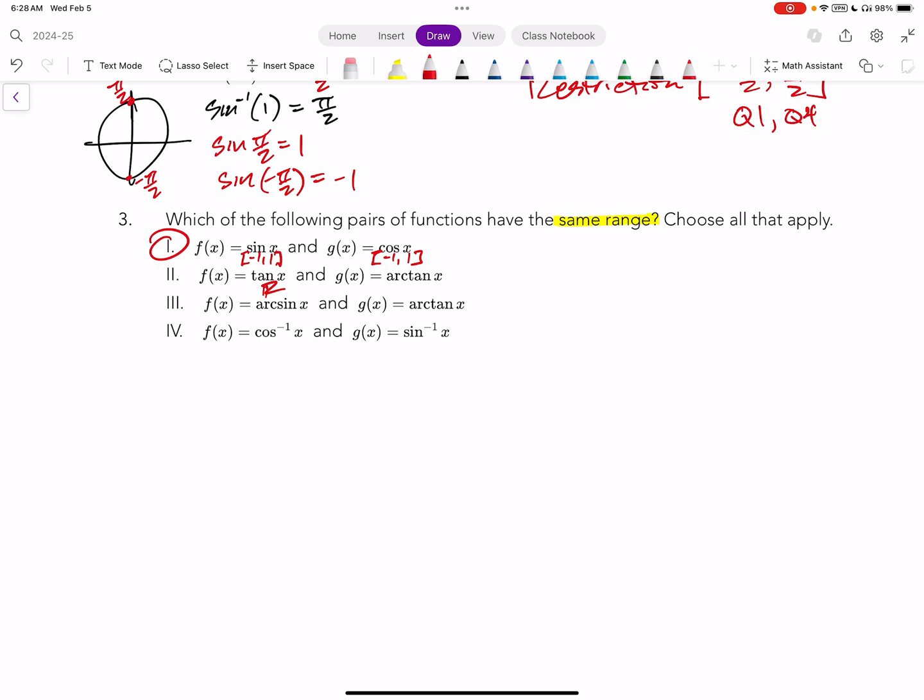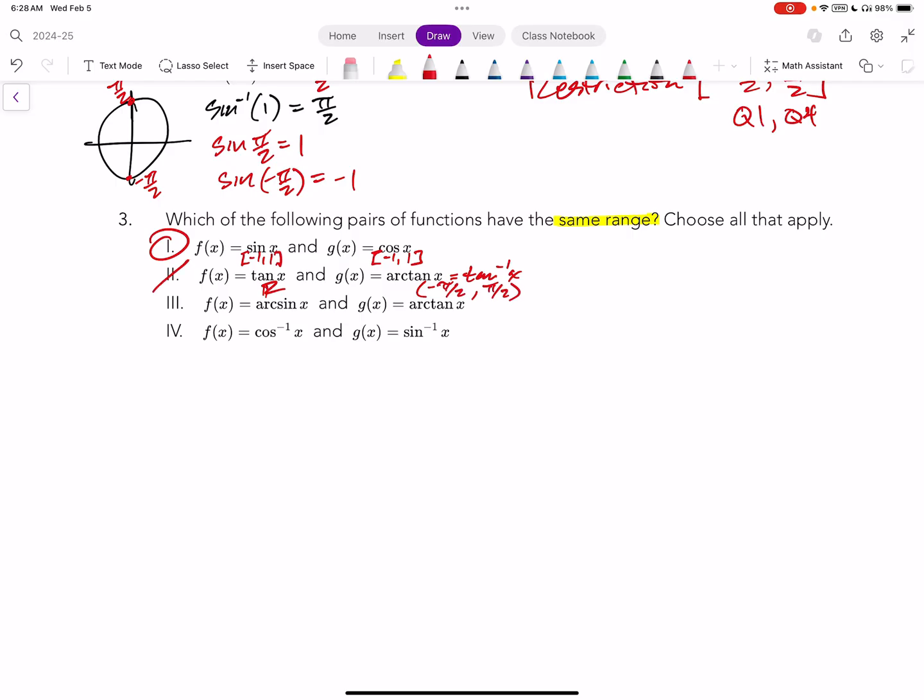If you go back to the parent function, the range is infinite because it goes infinitely up and down, but not for the arc tangent. This is equal to the inverse tangent, so you have to get used to the notation there. Arctangent x and the tangent of x are the same thing, but the range has been restricted. And you guys know that when we restricted this function, it's from -pi halves to pi halves open.